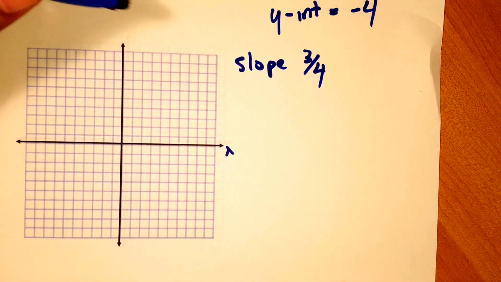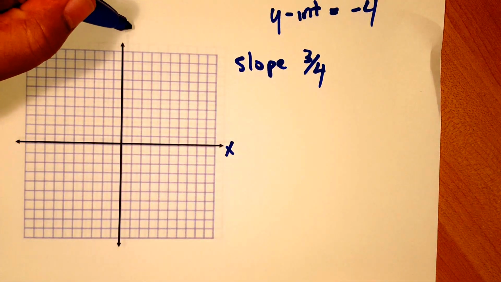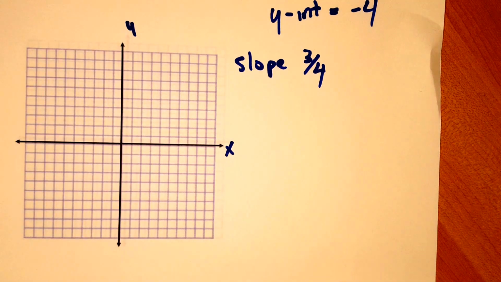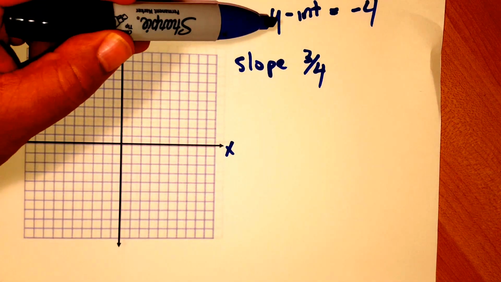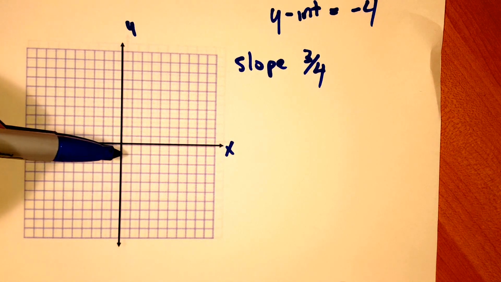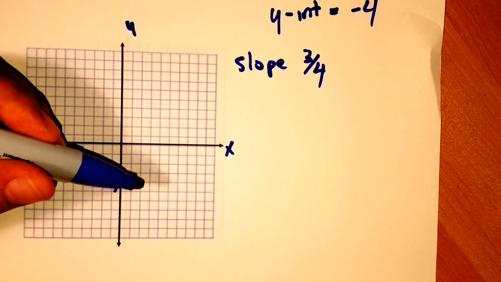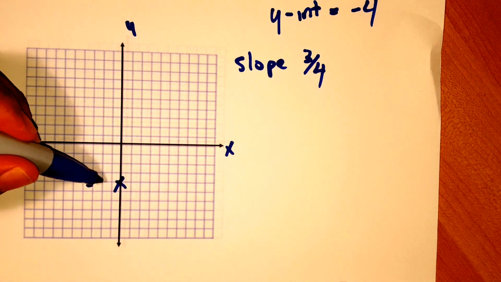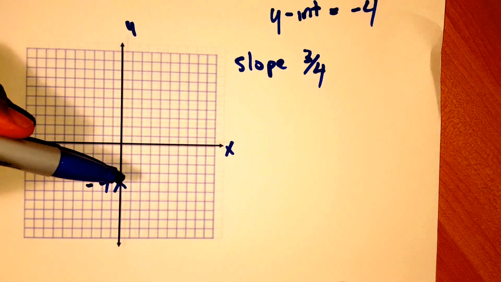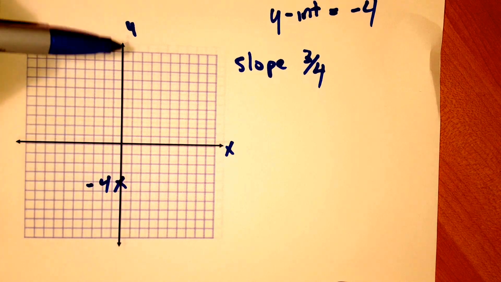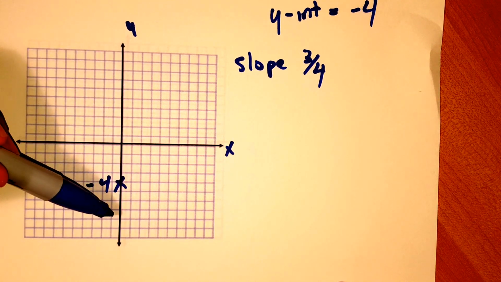We have an x and a y. And what we'll do is we'll find -4 on the y-axis. So 1, 2, 3, 4. So this right here is -4 on the y-axis. So we're going to cross the y-axis, we intercepted at -4.